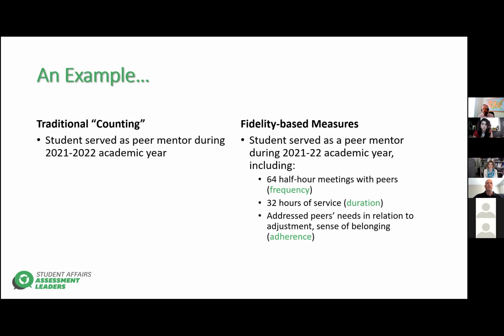Now, I want to shift beyond that sort of inputs and, dare I say, counting based stuff, and talk about some of the outcomes based things. There's a framework for comparing and contrasting data on the evaluation assessment side of things that I've used for, gosh, probably 15, 20 years at this point.